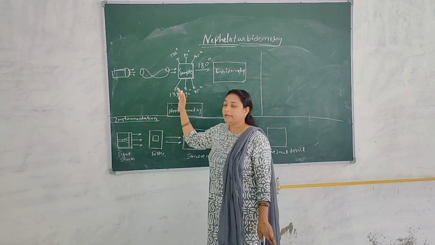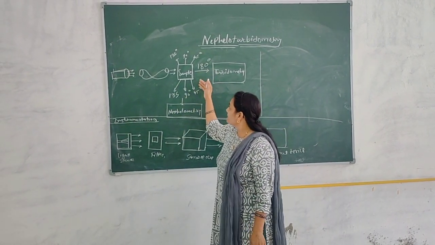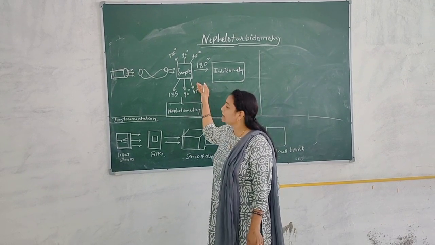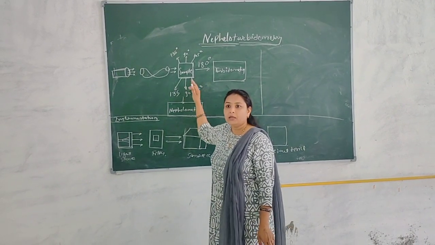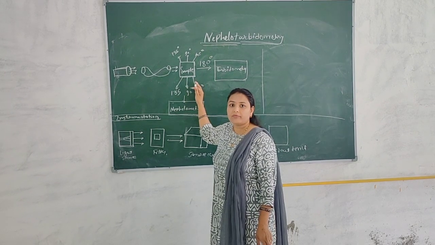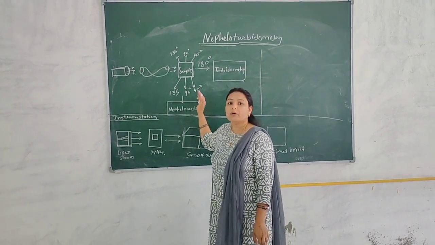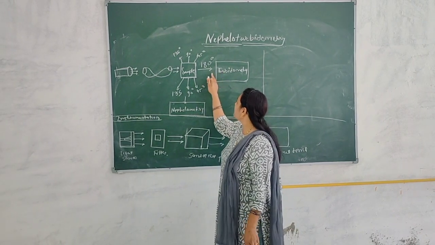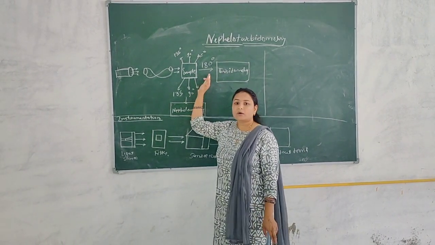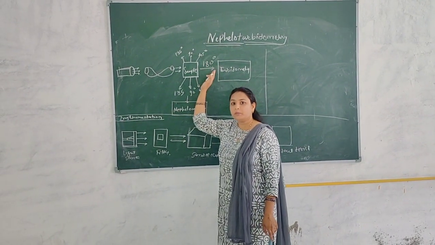So in nephelometry, the measurement is of the light scattered by the sample, at a right angle to the beam of light. And in turbidimetry, the measurement occurs at 180 degrees from the beam of light.